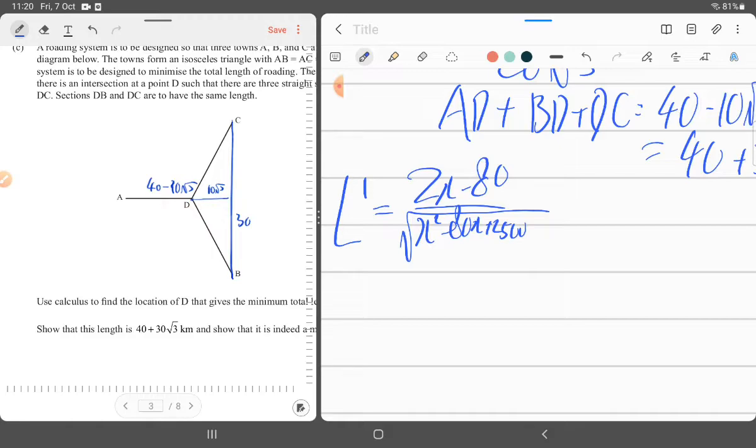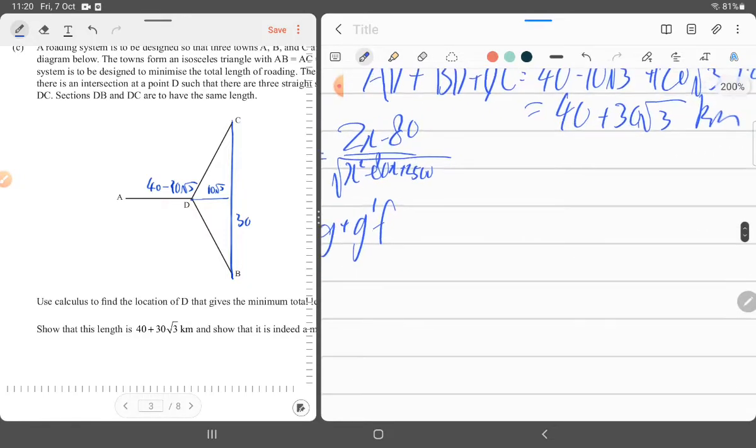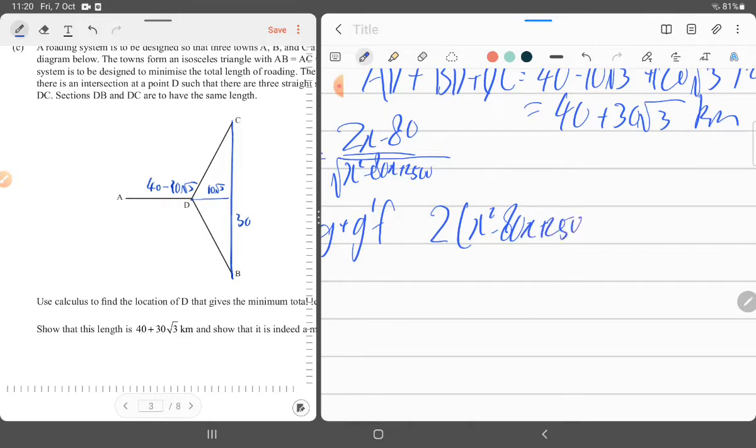Should I chain rule? I think I should just... I think it's better to just product rule actually. Efficiency is key. So L dash is 2 brackets 2x take away 80 times x squared take away 80x plus 2,500 to the power negative half. Let me divide that again.